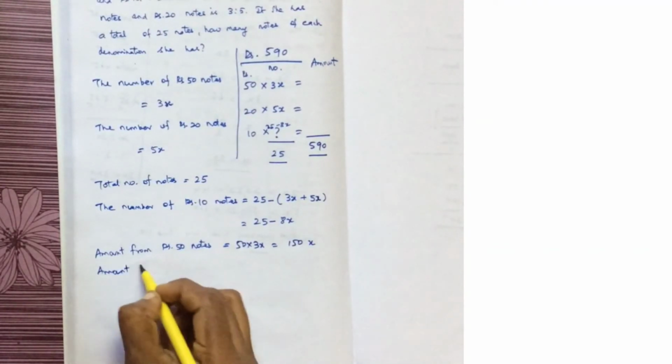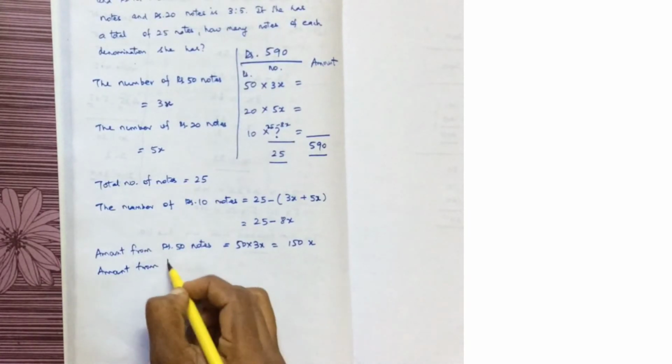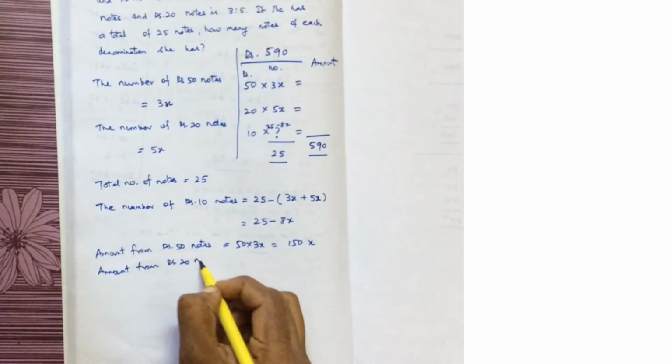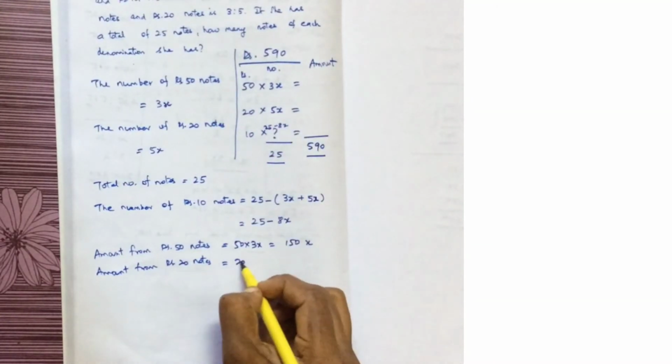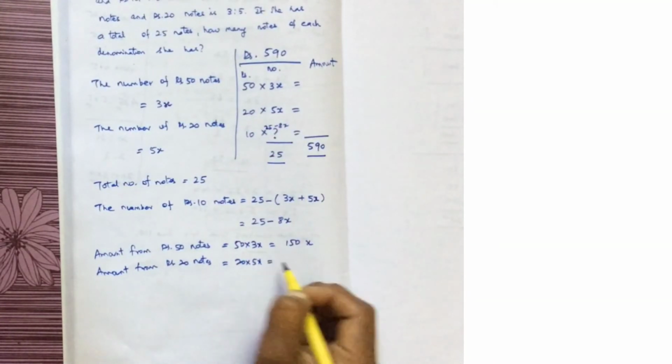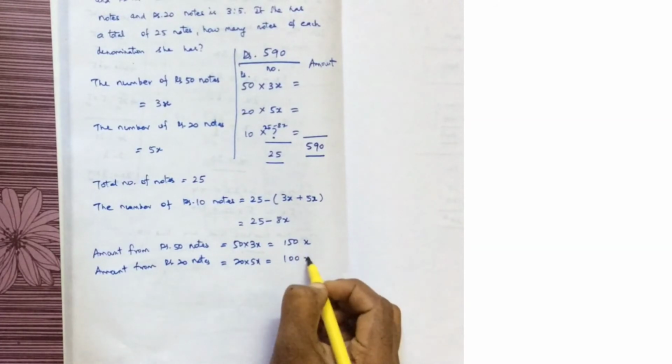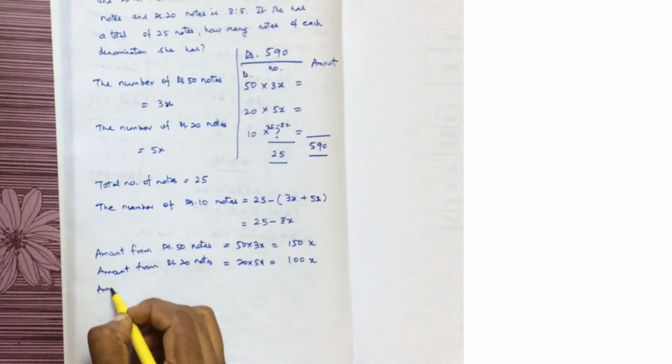Amount from rupees 20 notes is 20 multiplied by 5x, that is 100x.